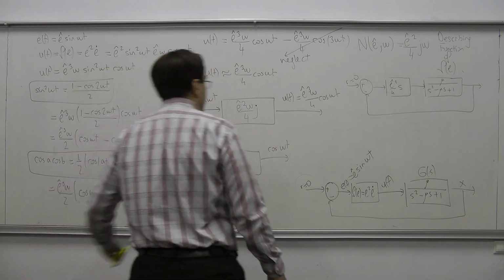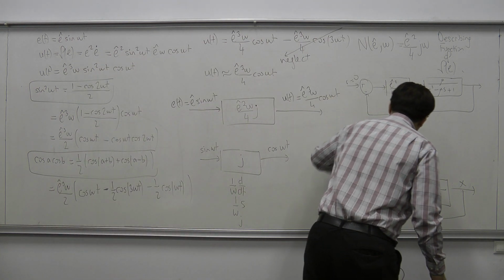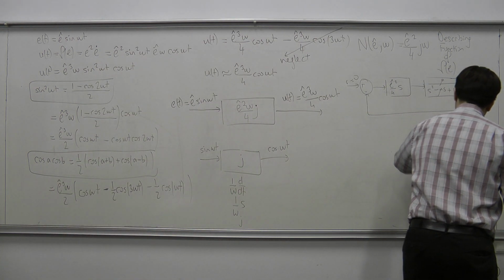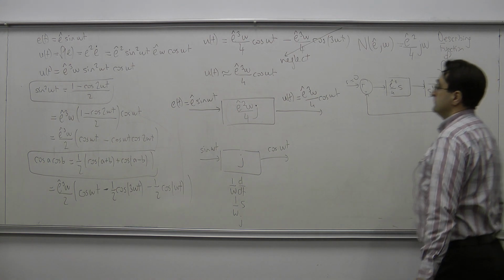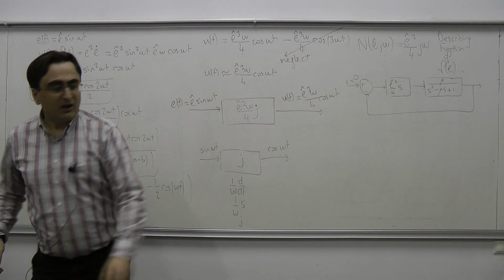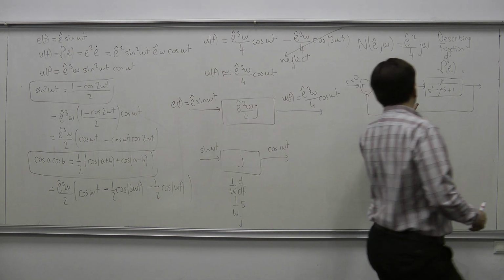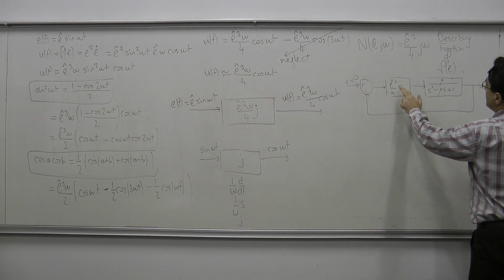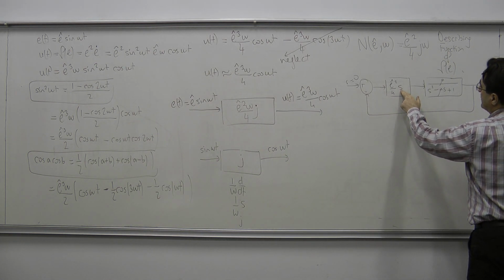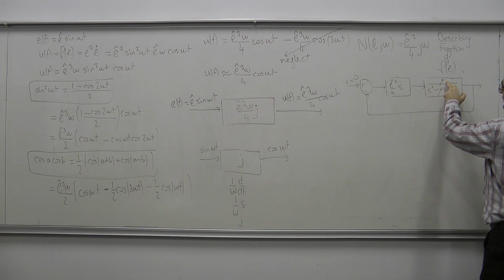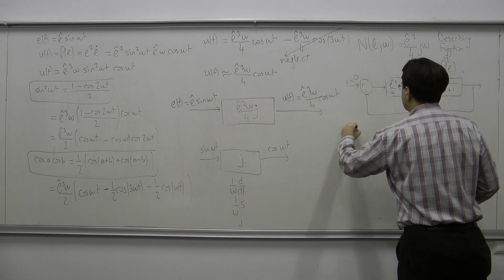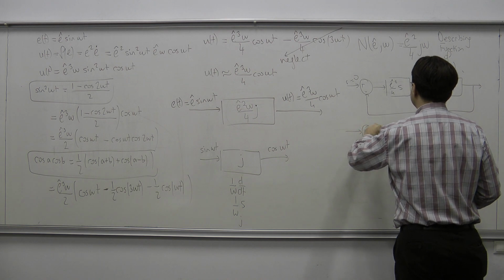So now I can actually get rid of this. So now you see that in the describing function there is an s. Now I can actually equivalently take this s into the linear system as well. Then I would get the following system.